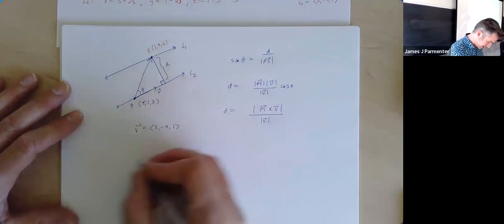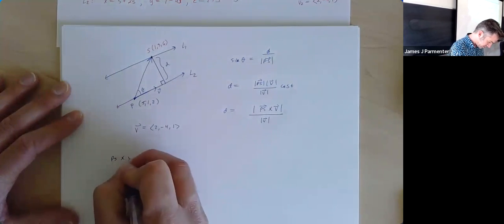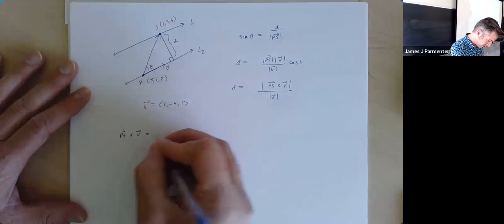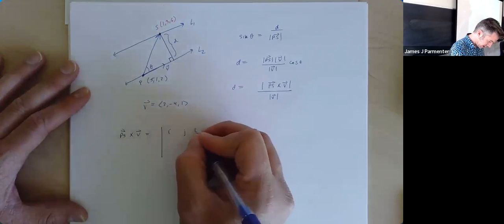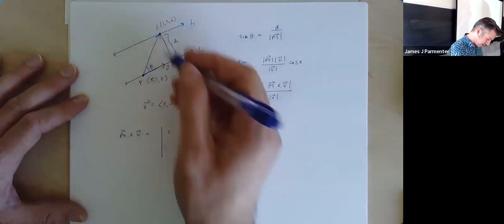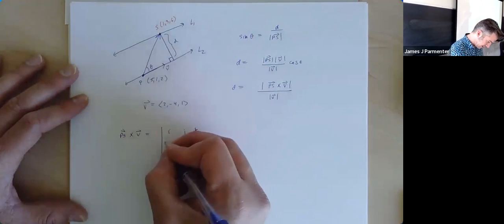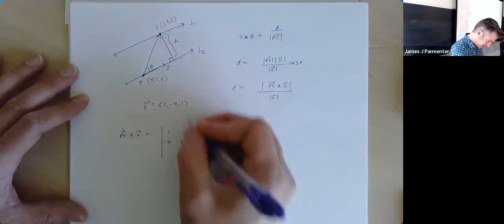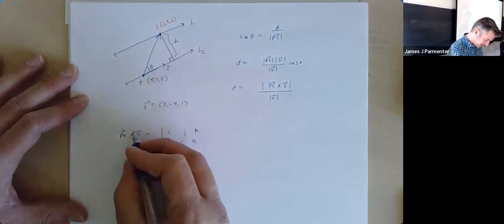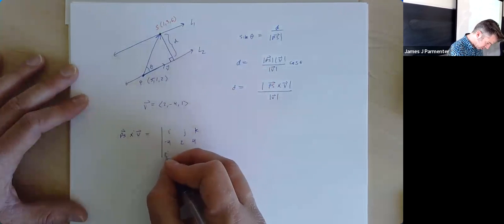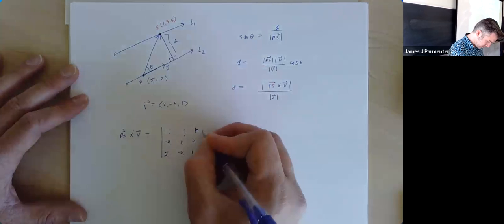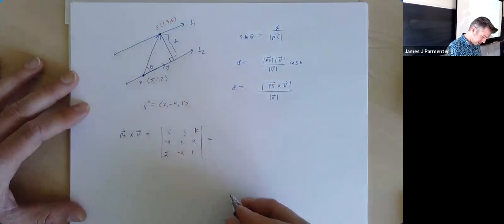So that's going to be PS cross v, and we have an I, J, and K. PS is going to be 1 minus 5, 3 minus 1, 6 minus 2, and V is -2, -4, 1. Let's be extra careful with our calculations here.